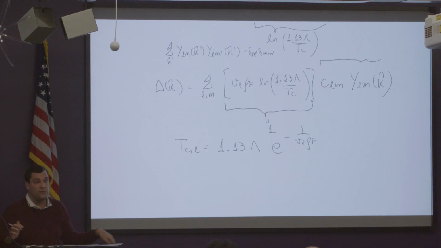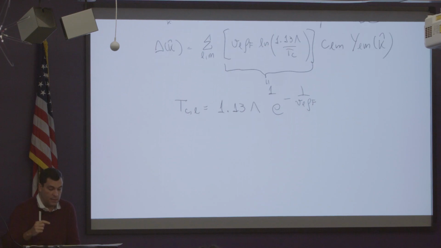The interaction itself may be repulsive. But for each L, I'm going to have a T_C. Going back to Andrey's talk, remember that when you did the Kohn-Luttinger, you found instabilities in different L's. That's just one mechanism here. But the key point is that it depends only on L, not on M.